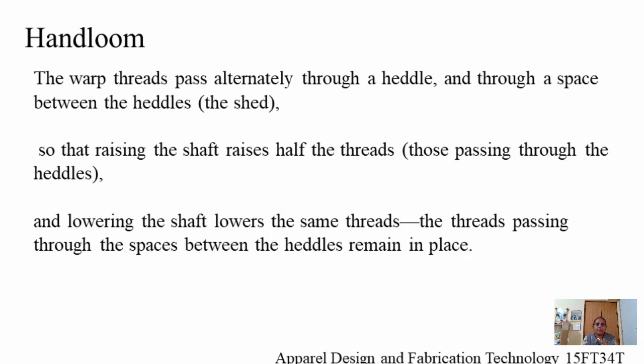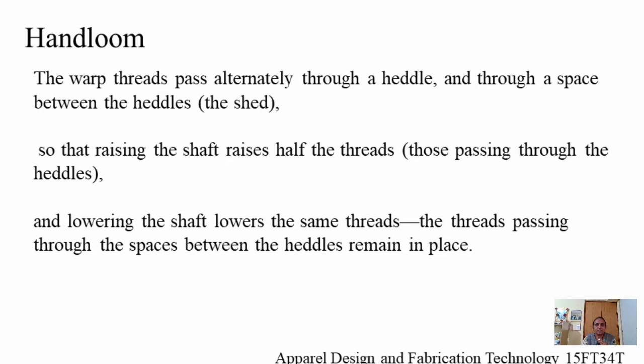The warp threads pass alternately through a heddle and through a space between the heddles. That space between the heddles, the raising and lowering, is known as shedding. The space between those raised and lowered yarns is known as the shed. Raising the shaft raises half the threads, those passing through the heddles, and lowering the shaft lowers the same threads, while the threads passing through the spaces between the heddles remain in place.